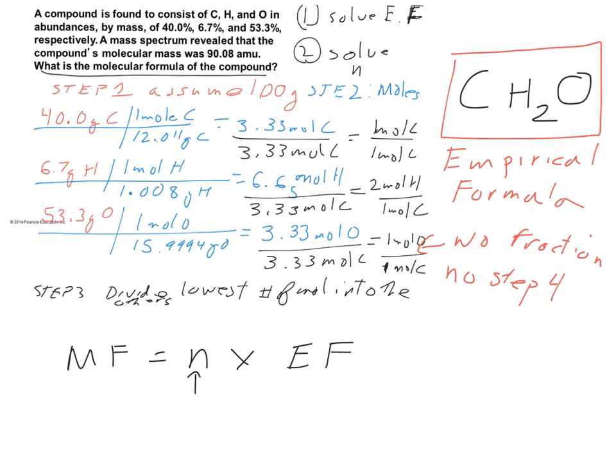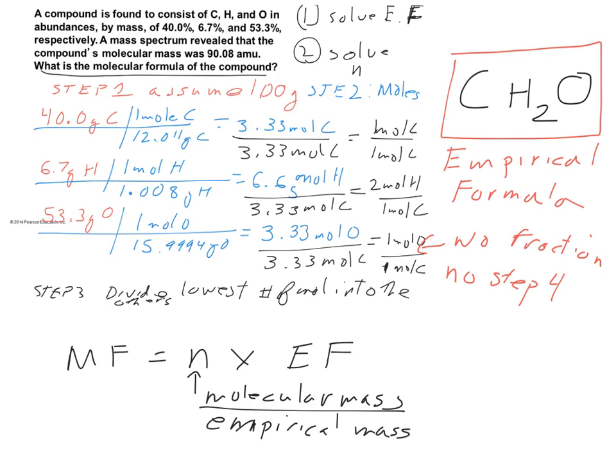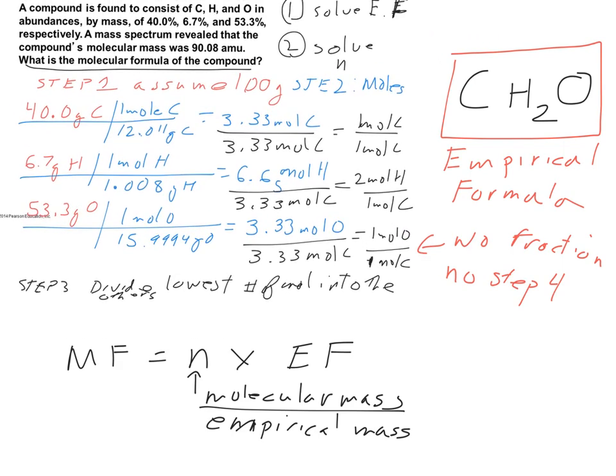And this multiplier is always equal to the molecular mass divided by the mass of the empirical formula. They gave us that the molecular mass here is 90.08 AMU. So now we just need to calculate the empirical mass.